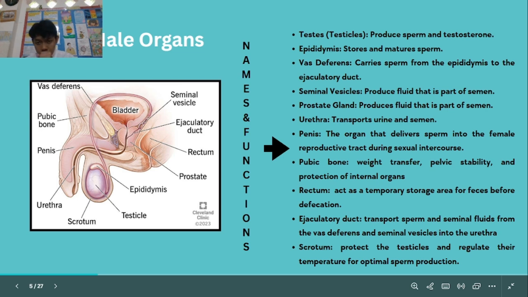Then the rectum. The rectum acts as a temporary storage area for feces before defecation. And the ejaculatory duct is for transporting the sperm and seminal fluids from the vas deferens.